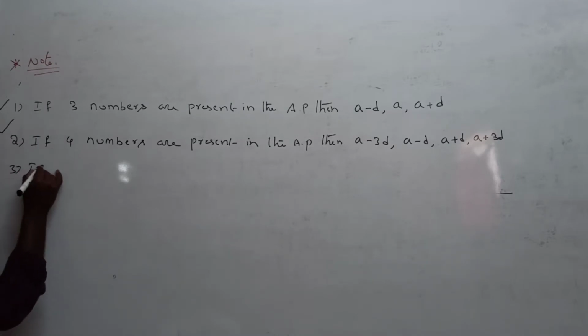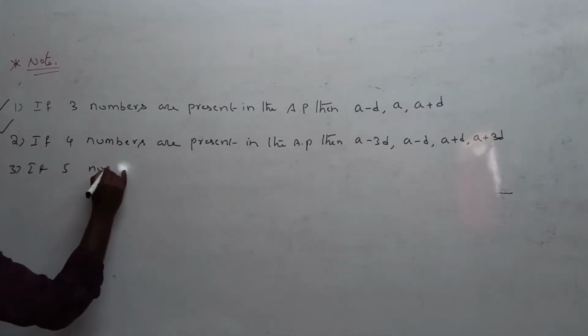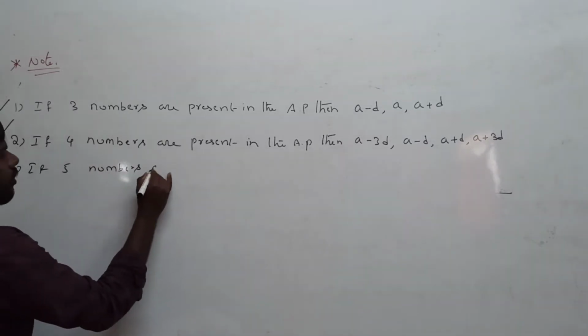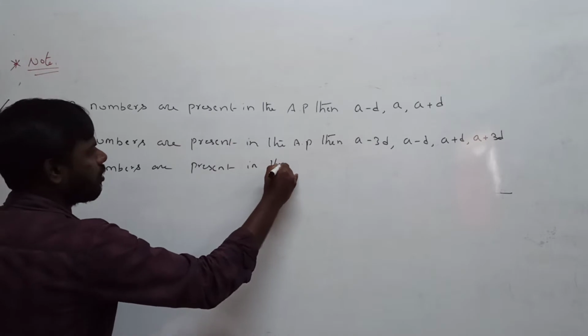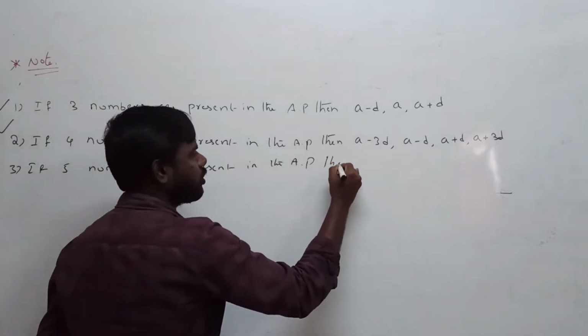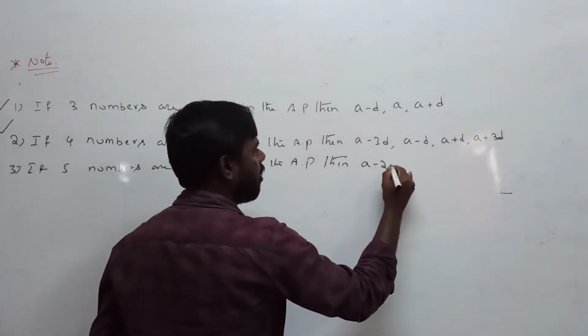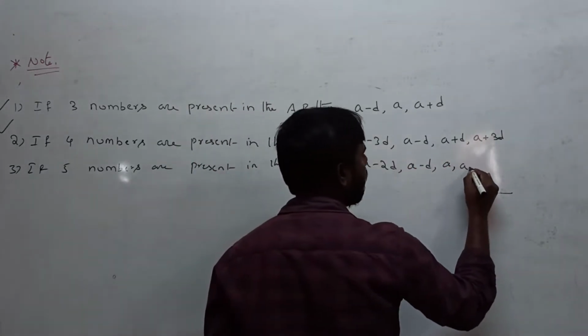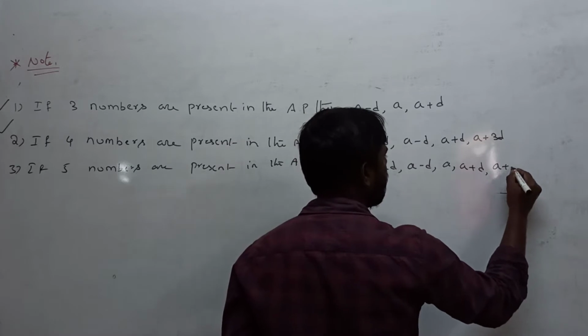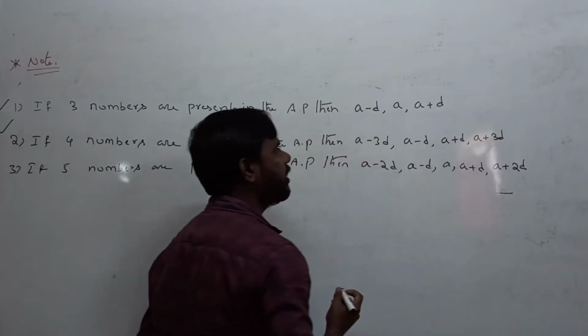Third one is, if five numbers are present in the arithmetic progression, we are assuming the five numbers are a minus 2d, a minus d, a, a plus d, a plus 2d. Listen carefully.